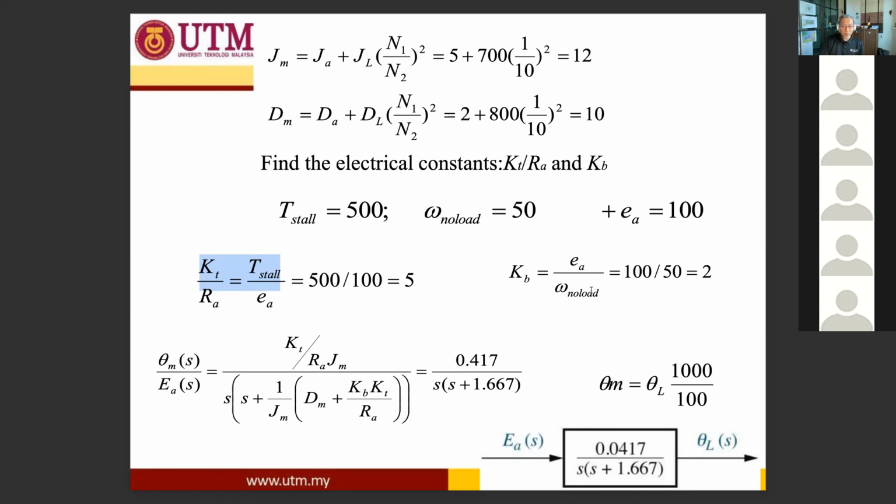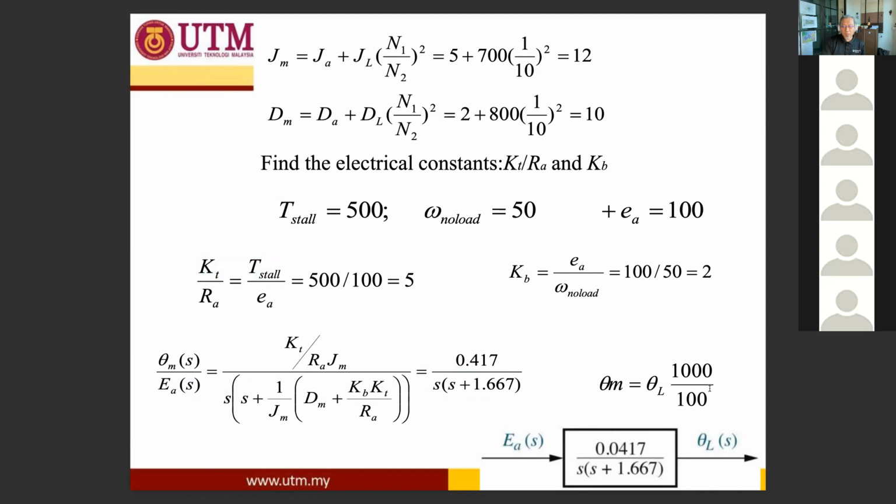Insert the equations into the standard transfer function, where inductance is 0. So we get 0.417 over S plus 1.667. But theta M is equal to 10 times theta L, since it is 1000 divided by 100.